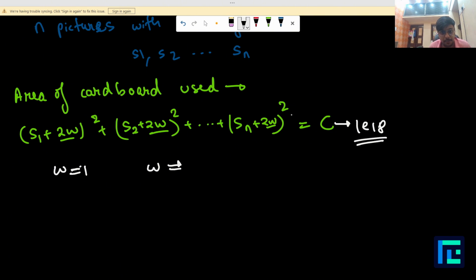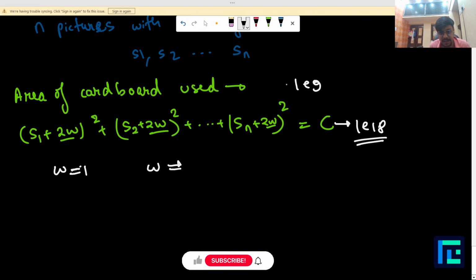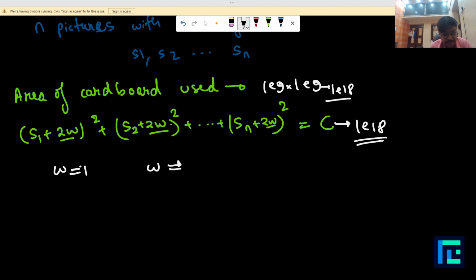Because if I just square 1E9, I will get 1E18, right? And you can see in every term we are at least having W square. So I know that my W will be lesser than 1E9. So let's say that the minimum value of W is 1 and the maximum value of W will be lesser than 1E9. Let's assume 1E9 if I am doing that.